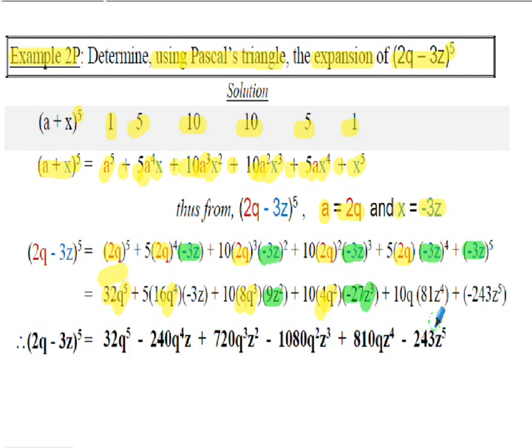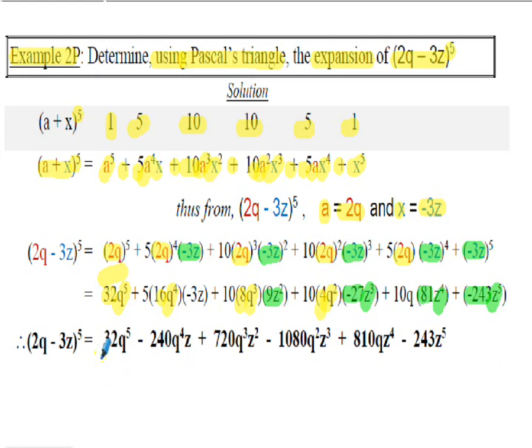Next bracket I have minus 3z all to the power 4, so minus 3 times minus 3 times minus 3 times minus 3 gives you plus 81z to the power 4. And the last one I've got minus 3z all to the power 5, and that will be minus 243, that's the minus 3 to the power 5 times z to the power 5. So just be careful how you raise the values in the brackets to the respective powers.